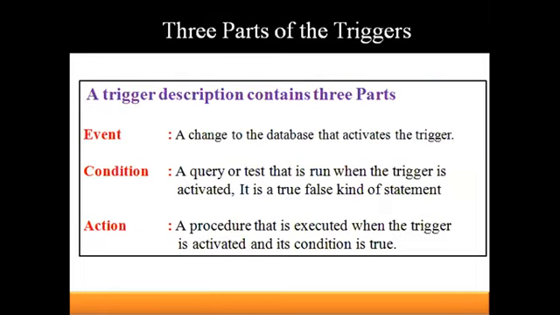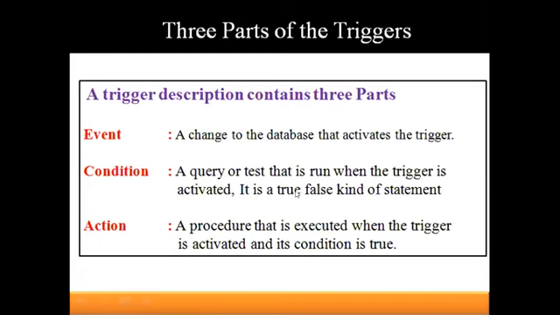Now see, there are three parts of triggers. The first one is the event, the second is the condition, and the third is the action. Event: a change to the database that activates the trigger. Condition: a query or test that is run when the trigger is activated.